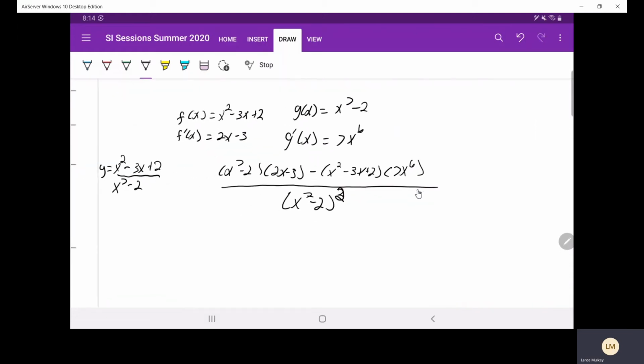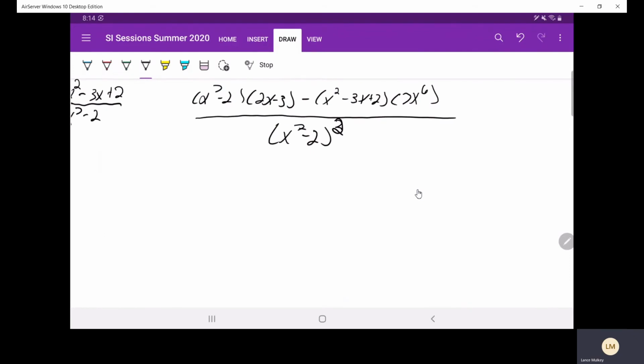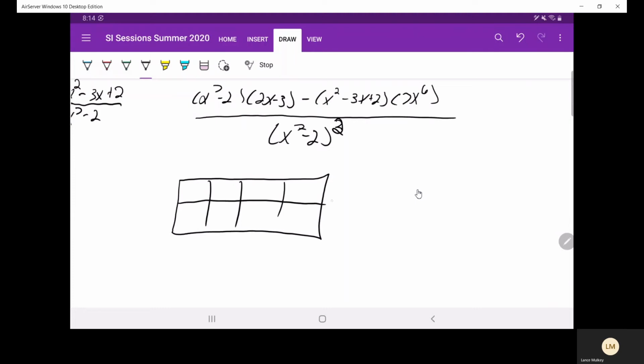Now for the fun part, we get to simplify this. If we FOIL this out up here, x to the 7th times 2x is 2x to the 8th, minus 3x to the 7th, minus, and then negative 2 times 2x is negative 4x, and negative 2 times negative 3 is 6.